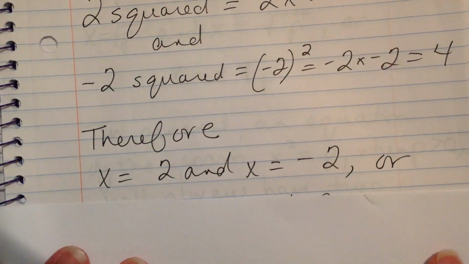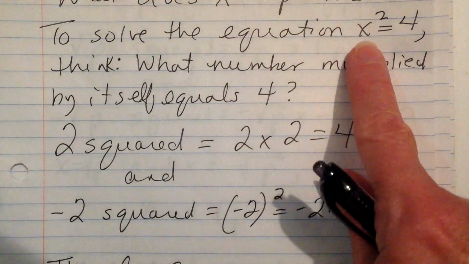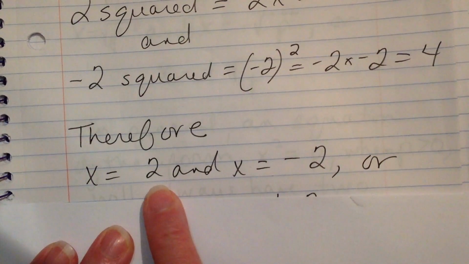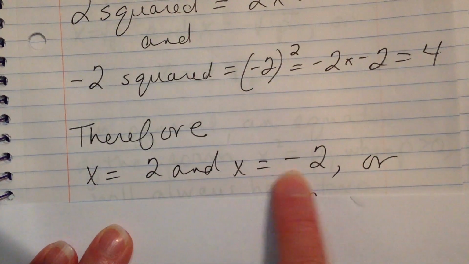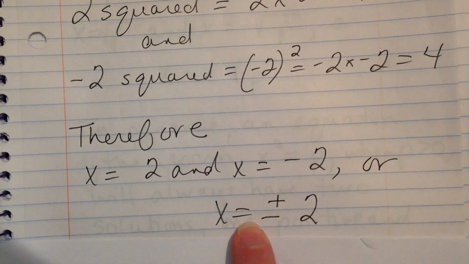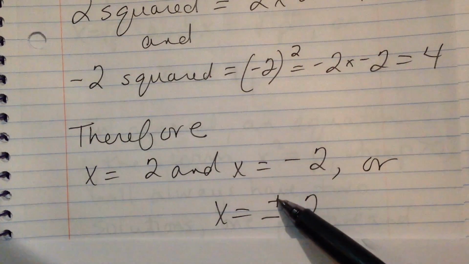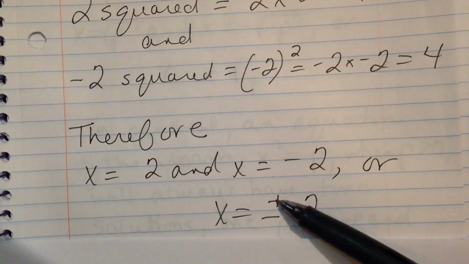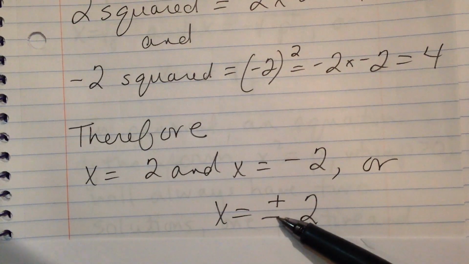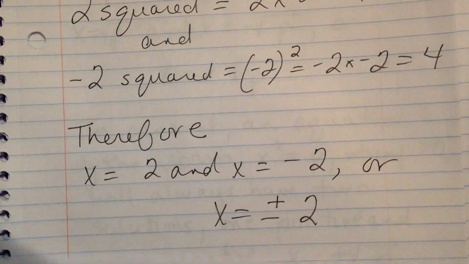So our final answer for x squared equals 4 would be x equals 2 and x equals negative 2, or x equals plus or minus 2. Often you see a plus on top and a minus on bottom. This just represents positive 2 and negative 2.